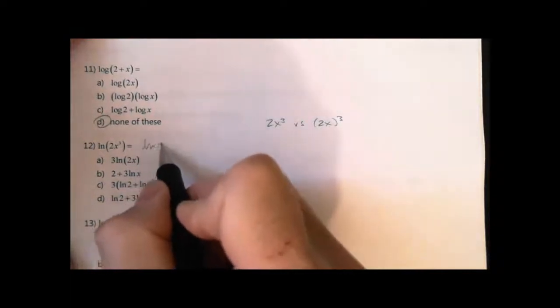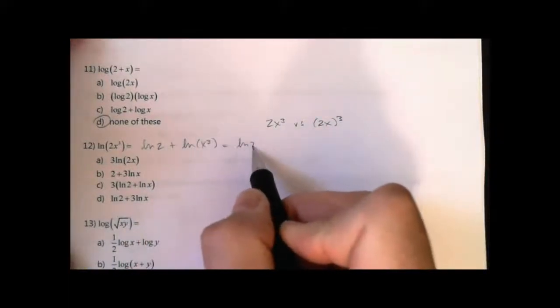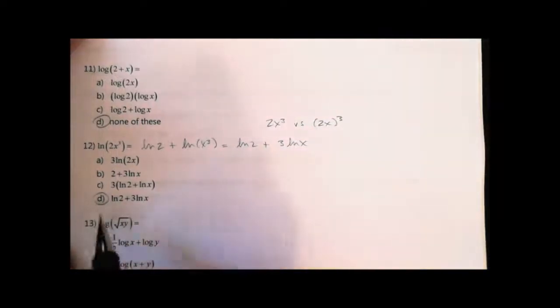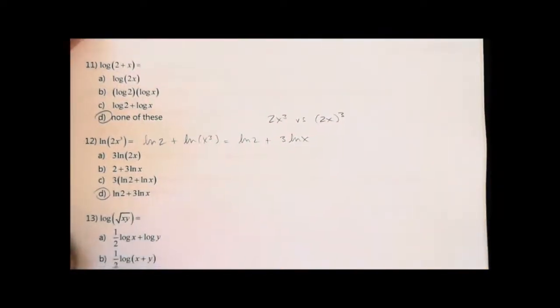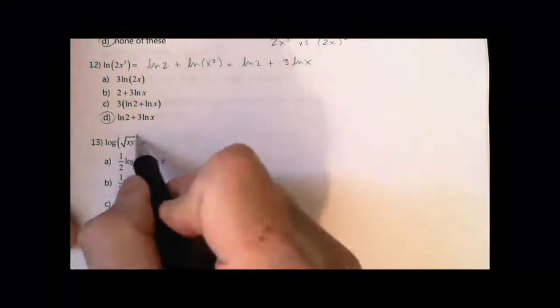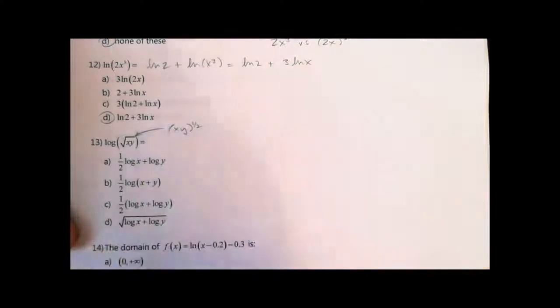What we have here is the natural log of 2 plus the natural log of x cubed, which would be the natural log of 2 plus 3 times the natural log of x. And that would give us D. Number 13. And this is xy to the 1/2 power, and as we've seen in class a few times, the 1/2 needs to be multiplied by the entire sum.